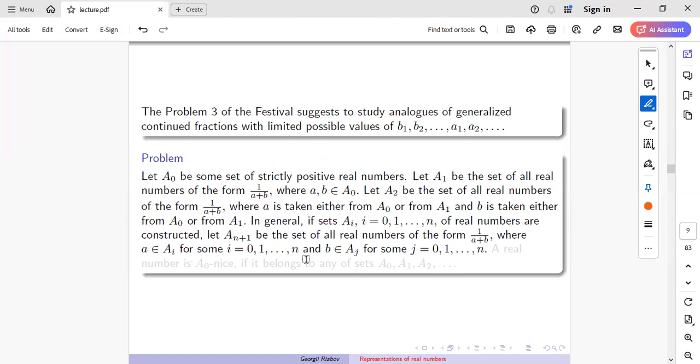If we constructed sets A0, A1, up to An, and we take all possible numbers a and b from these sets and form numbers 1 over a plus b, we get the set An plus 1. And we say that a real number is A0-nice if it belongs to one of the sets A0, A1, A2, and so on. So if we can obtain this number by the described procedure. A0 is the set of numbers that we start from.